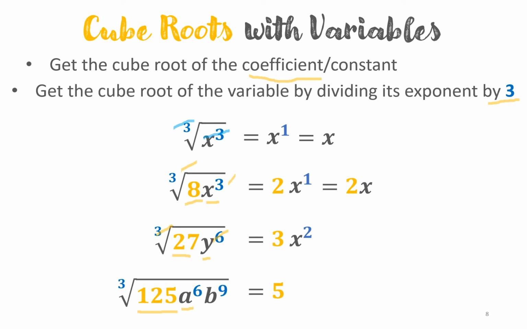I-divide mo lang yung exponent, which is 6, divided by 3. That is a squared. Next, dito naman, anong exponent niya? B. And then, divide natin. 9 divided by 3. That would give us b to the 3rd power. So, that would be our cube roots na merong variable and of course, yung mga coefficient na kasama.